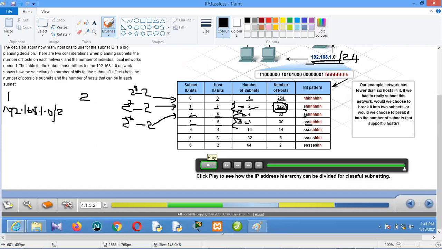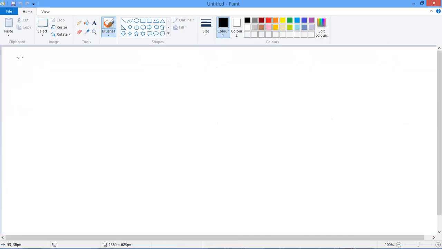If I borrow 2 bits, how many networks am I going to get? 4 networks. And each of the networks will contain 62 valid IP addresses. So now let's try to work that out. If I borrow 2 bits, I'm going to have network 1, network 2, network 3, and network 4.